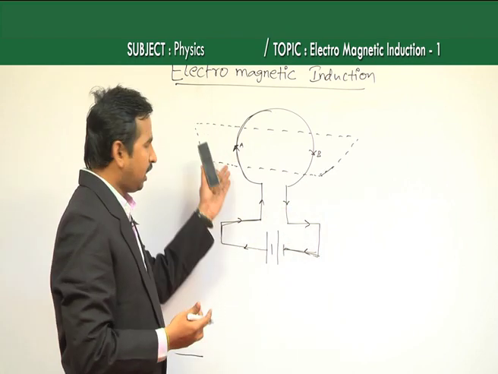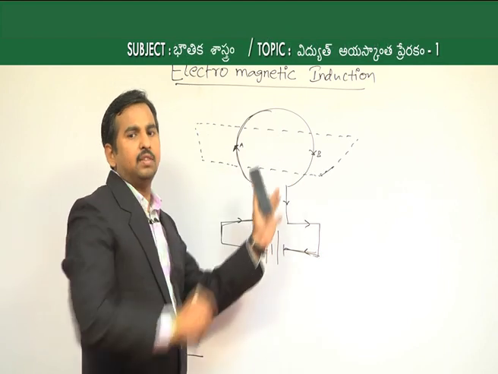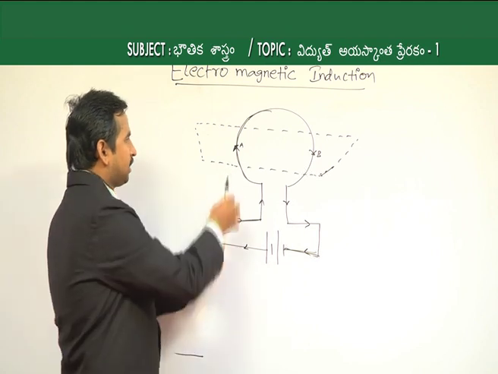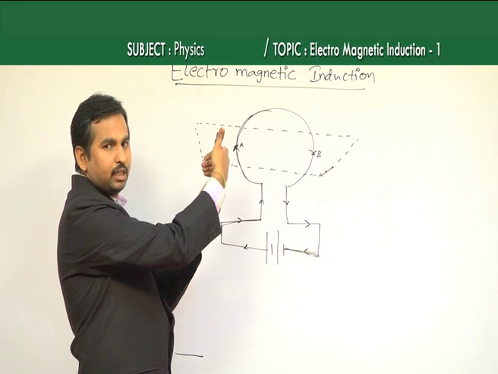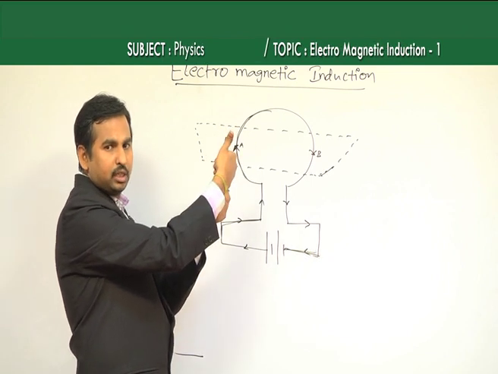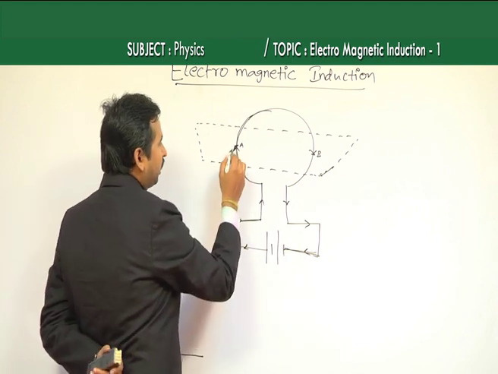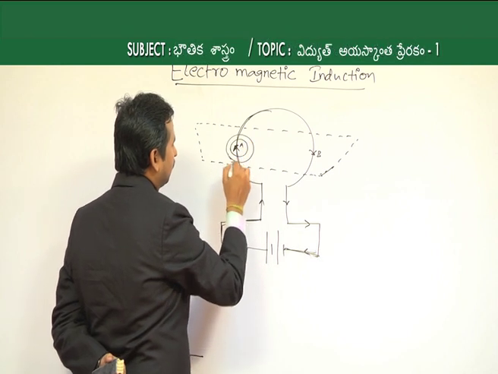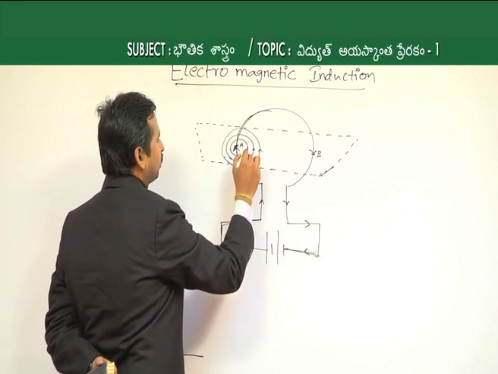At A, out of the plane upwards, at B, into the plane inwards. And we already know that once the current is going upwards out of the plane, we have to curl the fingers in the anti-clockwise direction. Then at this point, the magnetic lines of forces come around like this, in the anti-clockwise direction.